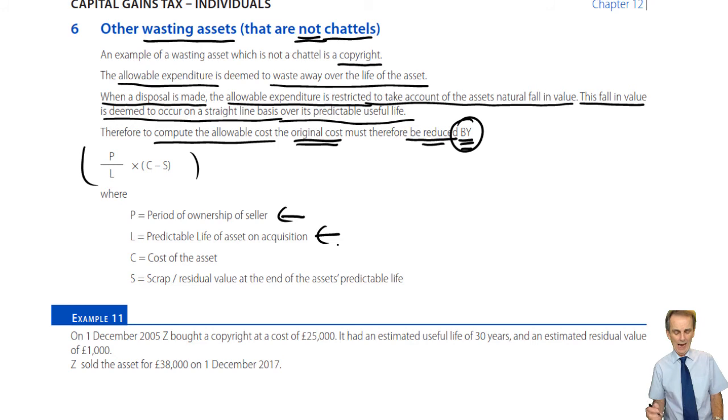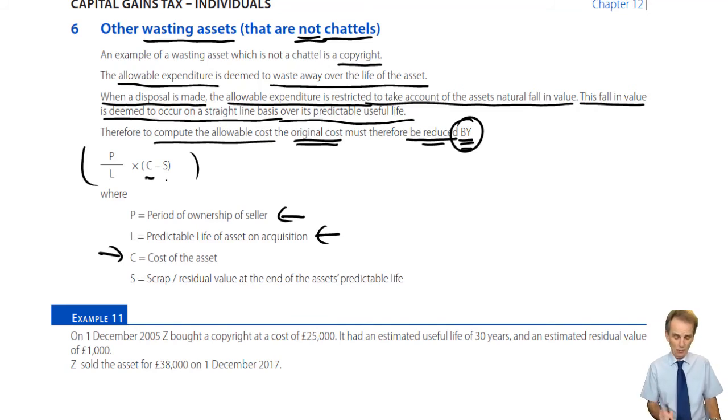So how long is left? How long have we owned it for? The period of ownership of the seller, over what was the original predictable life when we acquired. And what do we apply that to in this depreciation of the original cost? It is that original cost figure, C there, but minus, if there is any, and quite often there isn't, so it's just times by the cost.